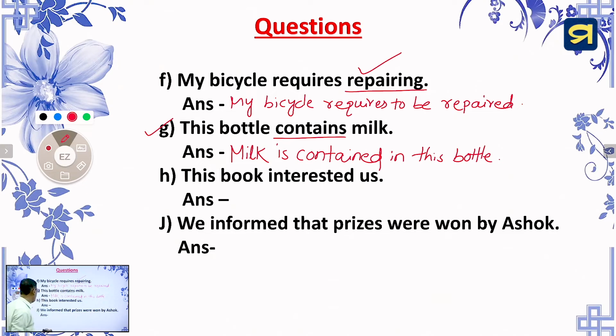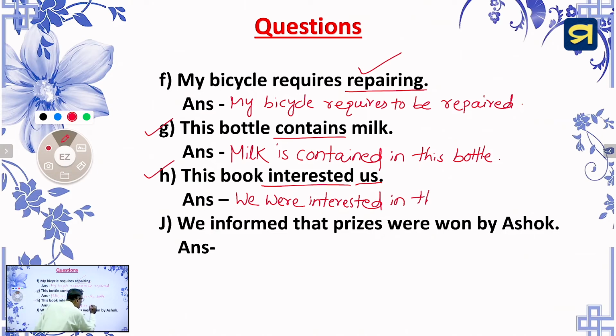Okay. Next. H. This book interested us. Which one is the object? When us is used as object, what pronoun is used in the beginning of the sentence when you change from active voice to passive voice? Very good. We. Okay, but the sentence belongs to simple past. So we is followed by what? Were. We were interested in this book.